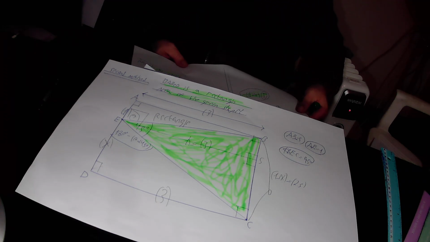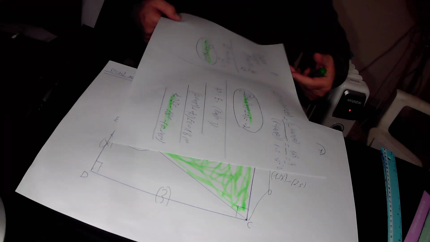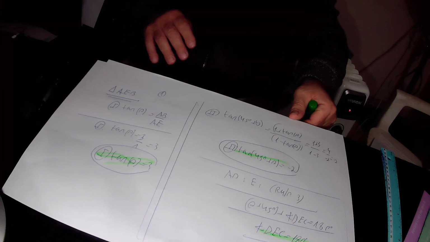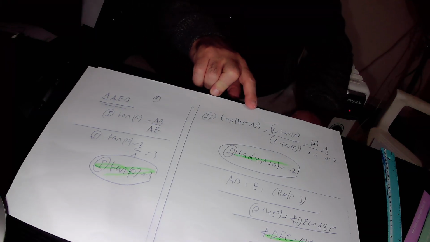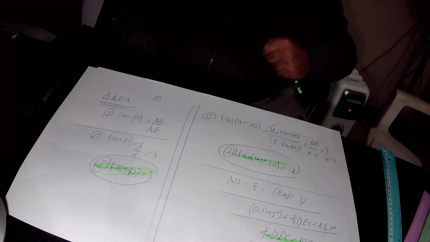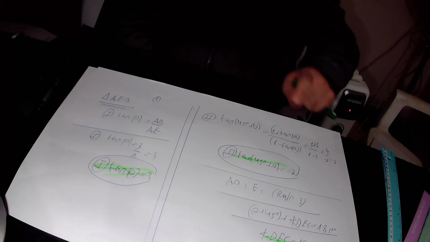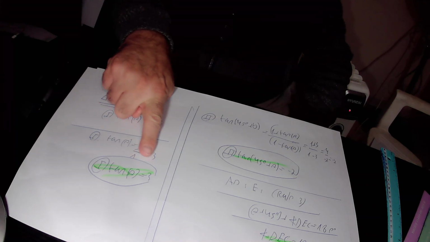Here we have the trigonometric identity that says that tangent of 45 degrees plus theta equals 1 plus tangent theta over 1 minus tangent theta. We found out that tangent theta equals 3.